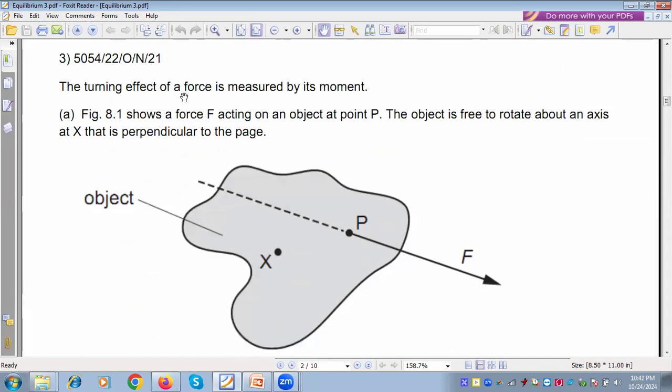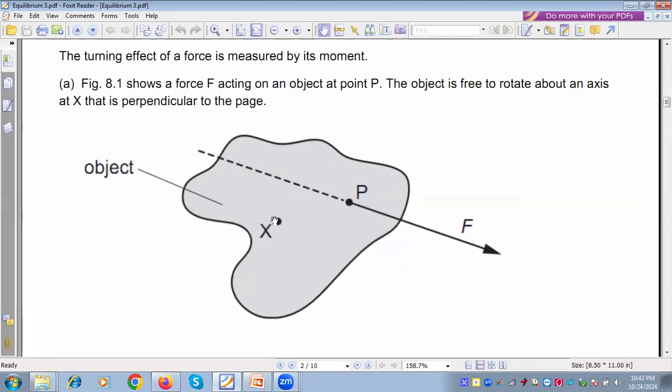So the turning effect of a force is measured by its moment. So here, this is question number 8 of that year. Figure 8.1 shows a force F acting on an object at point P. The object is free to rotate about an axis at X that is perpendicular to the page.